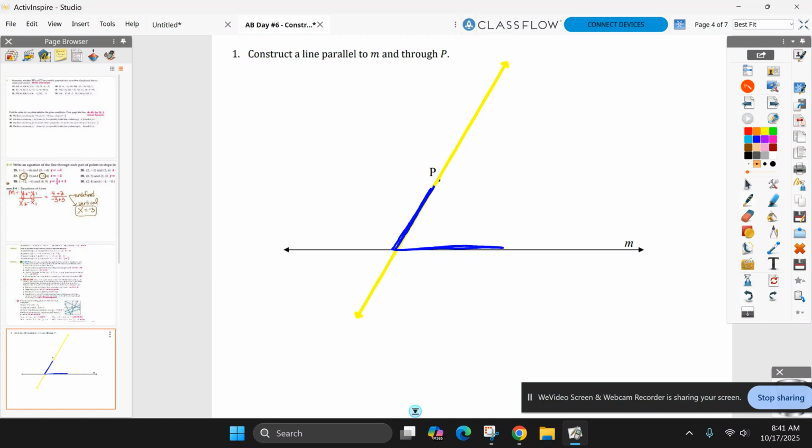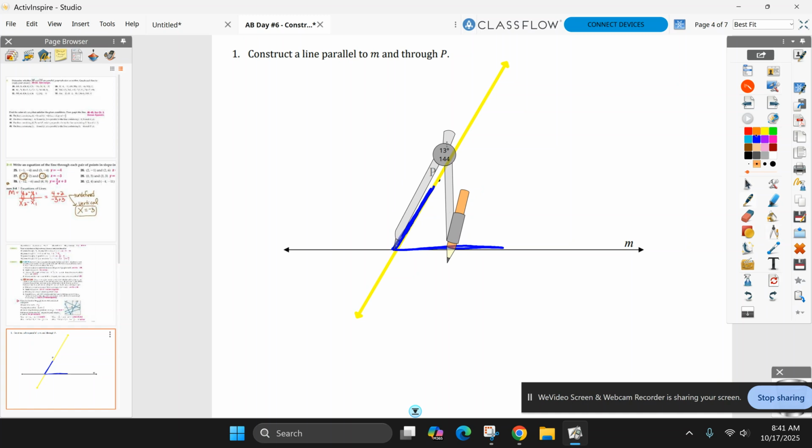Review of copying. Put your compass point on the angle you are copying, the angle you highlighted. Please put your compass on the vertex. Reminder, let's make these arcs small, because the bigger arcs you make, the more confusing it gets.